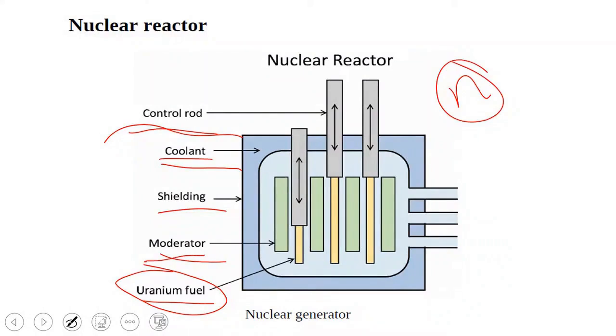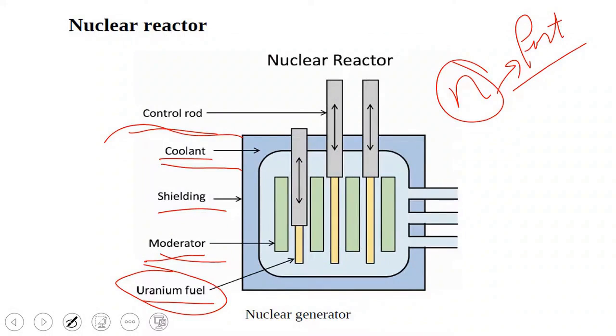What does the moderator do? It was said that there are different types of neutrons. There are fast neutrons, thermal neutrons, and epithermal neutrons. Fast neutrons have a weak ability to induce fission in uranium-235. So they said to put something to slow them down, called the moderator.